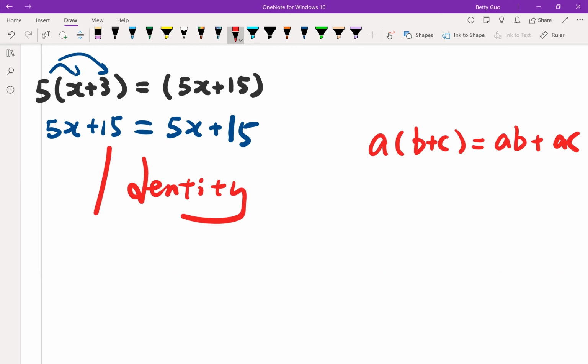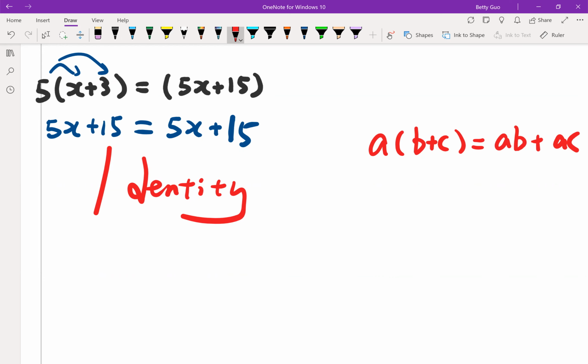That means the left-hand side always equals the right-hand side, no matter what x equals, right? Because they are exactly the same. 5x plus 15, 5x plus 15. You don't have to continue. This is enough for us to see this equation is an identity.